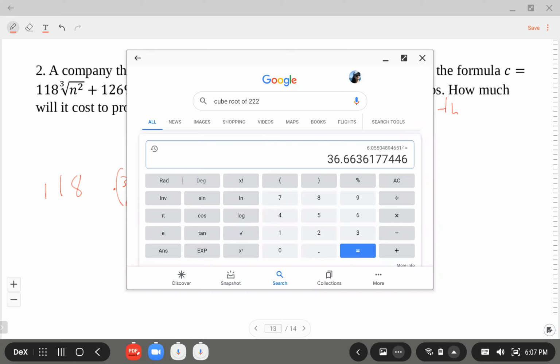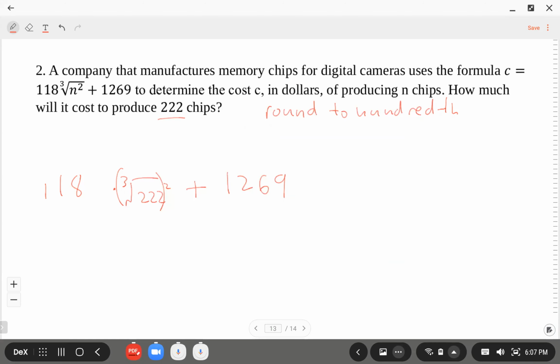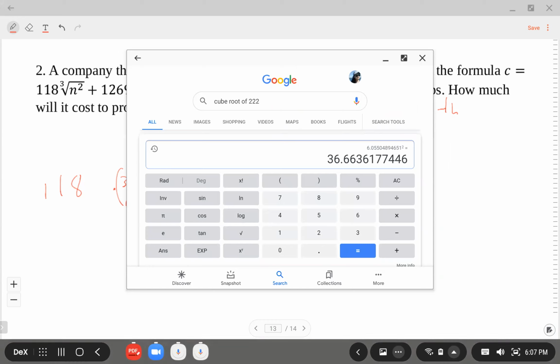Yeah. So after we're done with that, we multiply by 118. And that equals something like that.